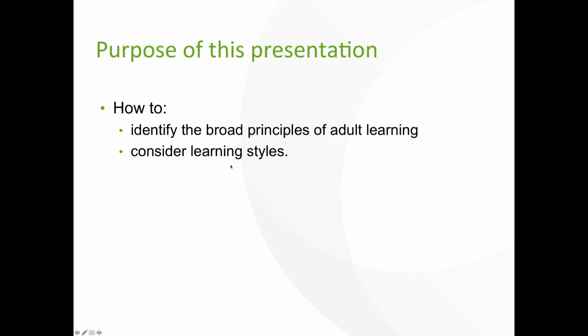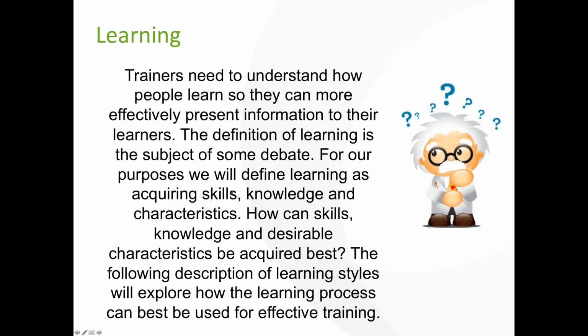So tonight I thought we'd touch on adult learning, and also looking at different learning styles, because we all learn in a slightly different way, or we prefer to learn in different ways, I should say. Within the workbook in Study Period 2, it says that trainers need to understand how people learn so they can more effectively present information to their learners.